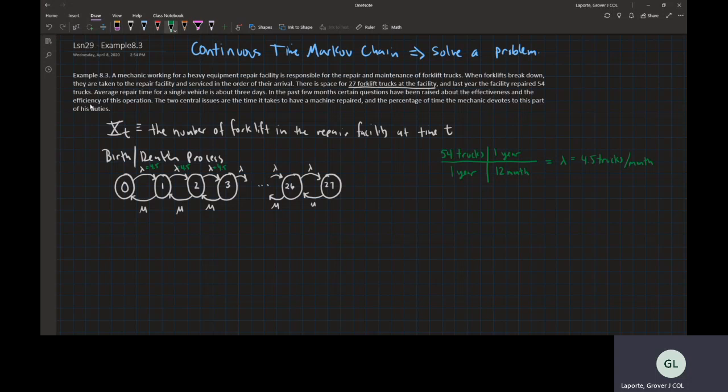Okay, and then the next thing says the average repair time is about 3 days. So we have 3 days for one vehicle. If the person worked weekends and every day during the month, then maybe we would be happy with saying it was 30 days in a month.